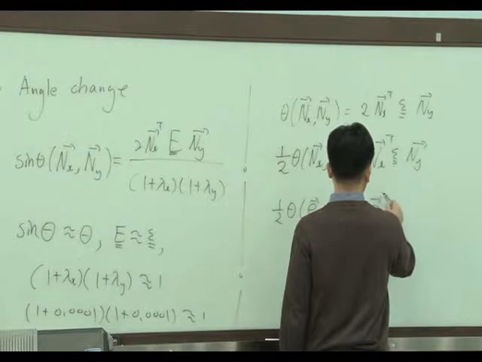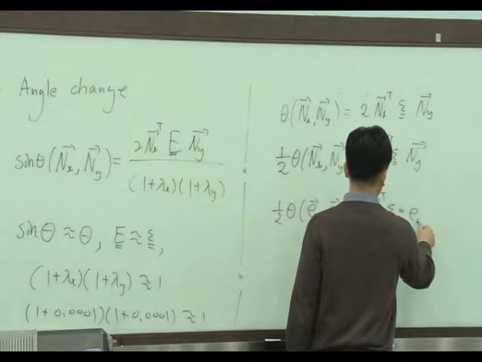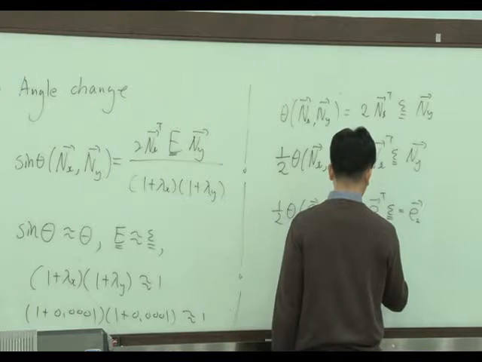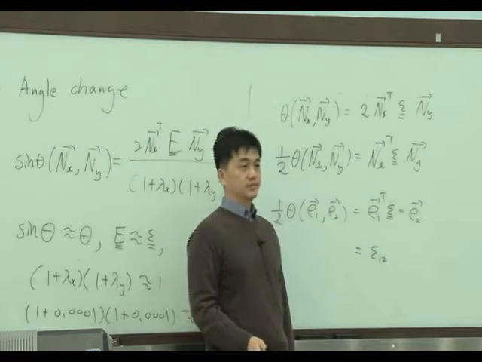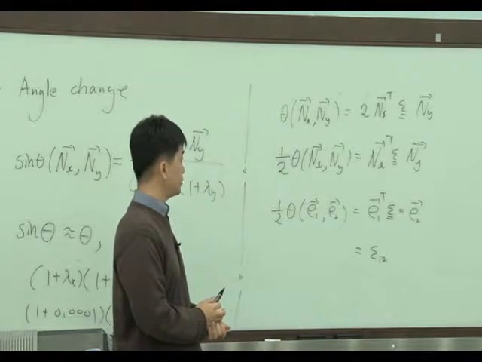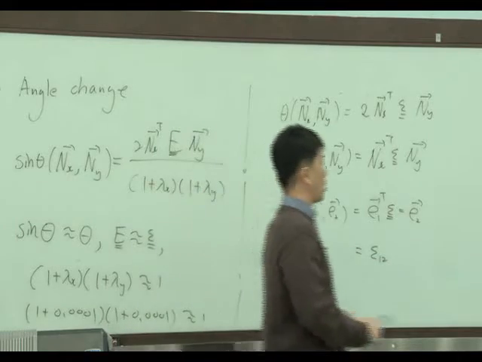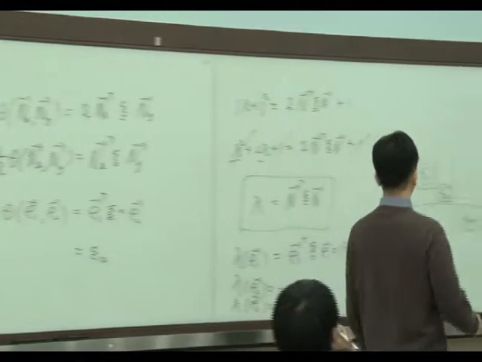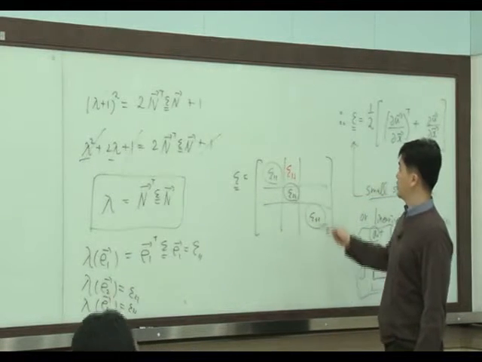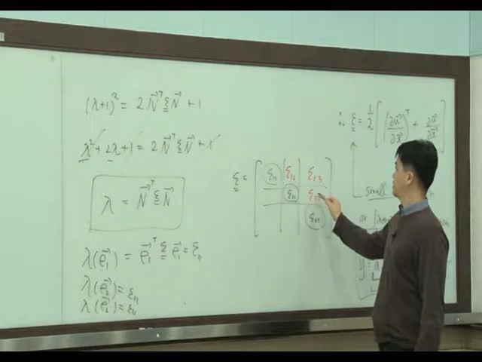E1 transpose small strain E2 gives us strain 1,2, right? The off diagonal component. Similarly, we can calculate strain 1,3 and strain 2,3.